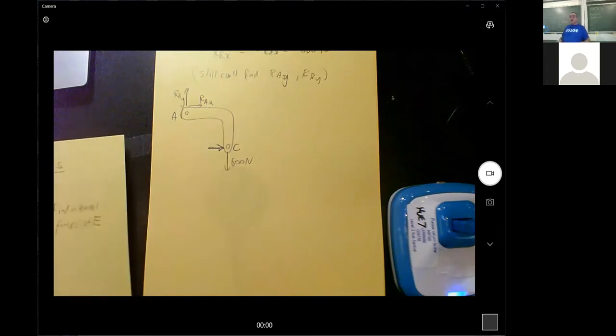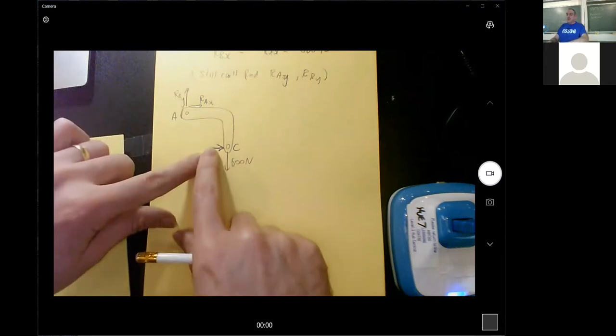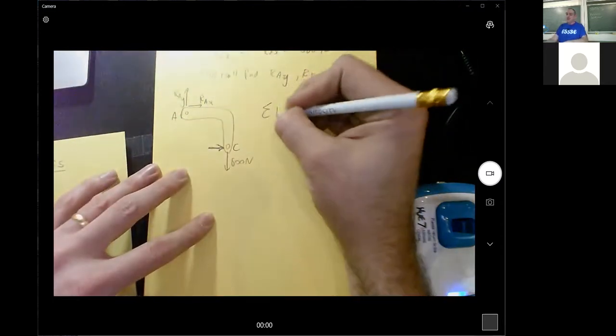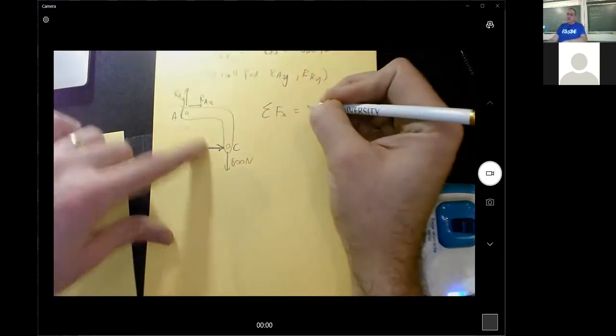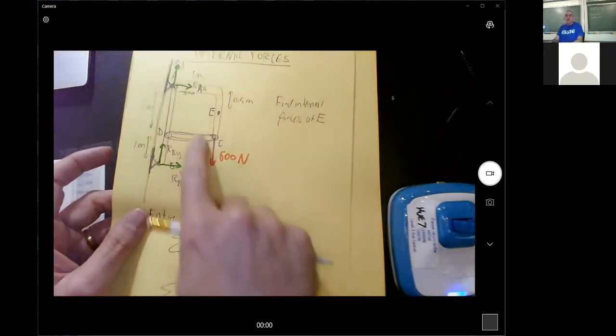Cool. So this, based on this diagram, which is just the member AC, which maybe I should have started with, says that based on the horizontal forces, this force here, which I don't know what it is, is just the piece that's provided by that bit just there.